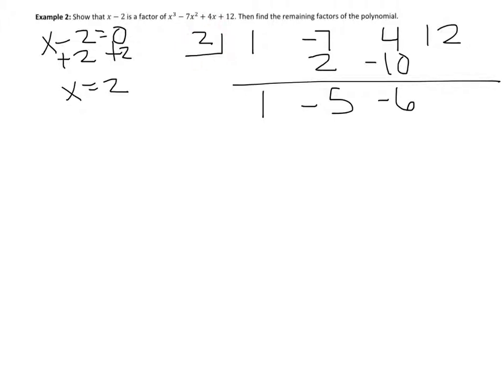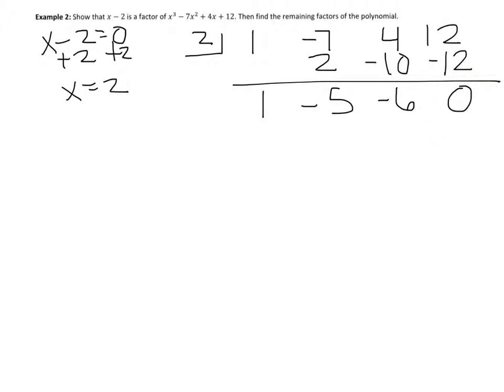Then 2 times negative 6 is negative 12. And then 12 plus negative 12 gives me 0. So we've shown that x minus 2 is a factor because we ended up with the 0 as the remainder.